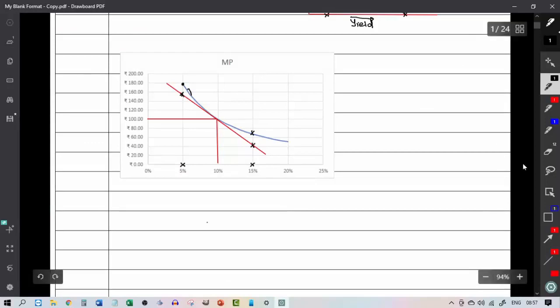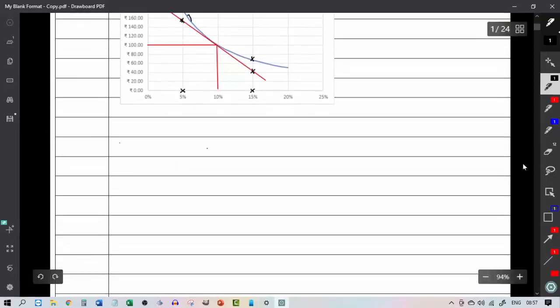Now we know that modified duration is duration into 1 upon 1 plus y upon n.